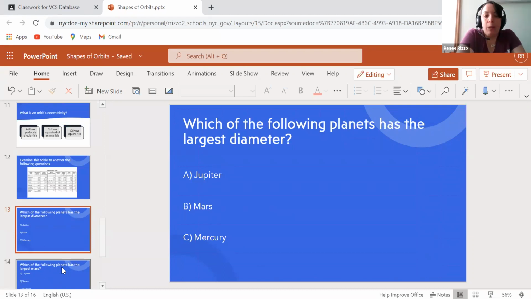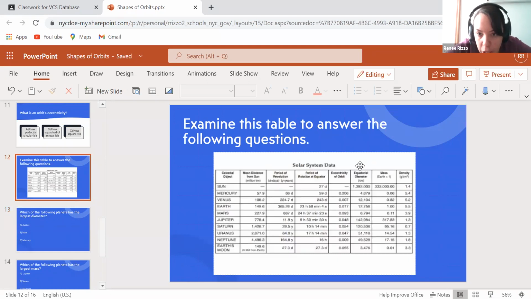So, which of the following planets has the largest diameter? So, the choices are A, Jupiter, B, Mars, or C, Mercury. So, looking back at the table, we're going to go to diameter. It says Jupiter has a diameter of 142,984.